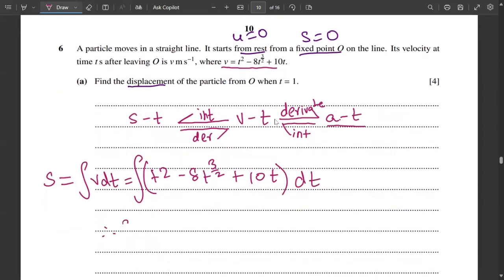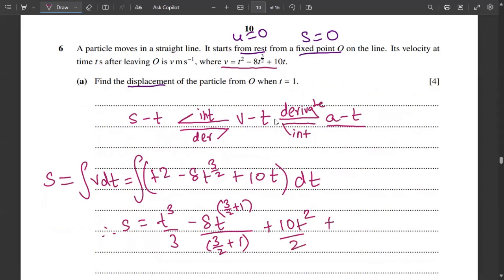So now this will become t cube upon 3 minus 8t to the power 3 upon 2, divided by 3 upon 2, plus 10t square upon 2, and plus c. But they have told that it starts from a fixed point O. O means the origin, that the origin displacement is 0. That means even the c is 0. C is equal to 0 if it is on a fixed point O.